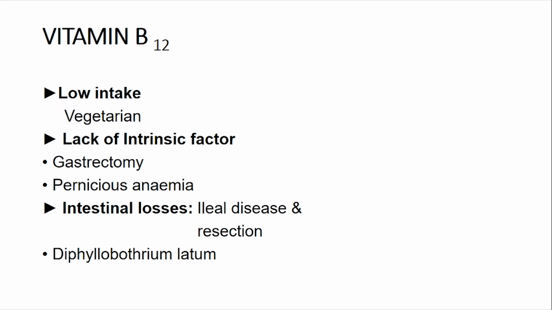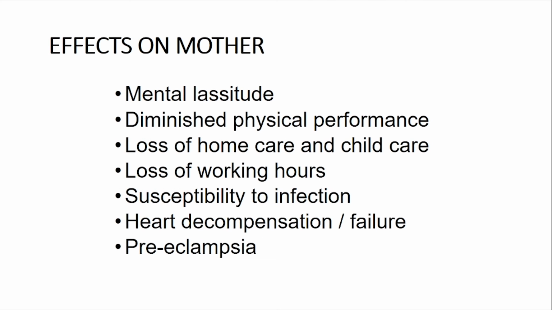Pernicious anemia could also be one of the causes of vitamin B12 deficiency. Intestinal losses, which could result from ileal disease, from where vitamin B12 is absorbed, and also from ileal resection, could also be one of the causes of vitamin B12 deficiency.